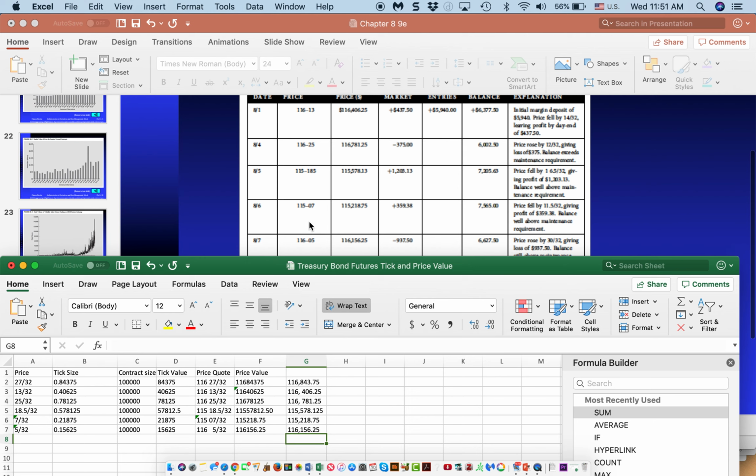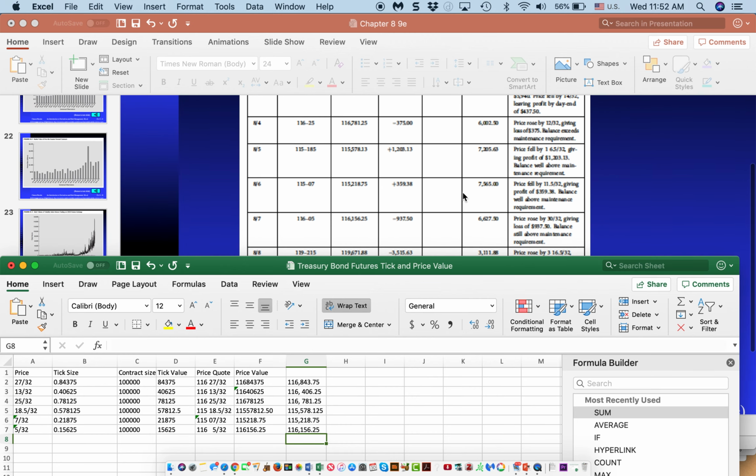Then again, next time around it goes down again and down again. You see here 115-07, you get 115,218.75, and that number will be added to 7,205.63. Then there is a big movement upside, so it is against you, and that is the last thing that I showed in here.